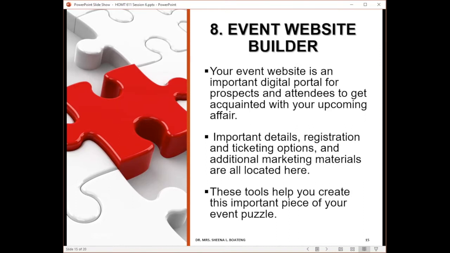And in the event that what they are looking for is not on the website, there's a tool that can be made available on the website for them to be able to leave their query, which you, the event professional, can respond to at your convenience. So event websites are an important piece of the event puzzle that makes the work of the event professional considerably easier.